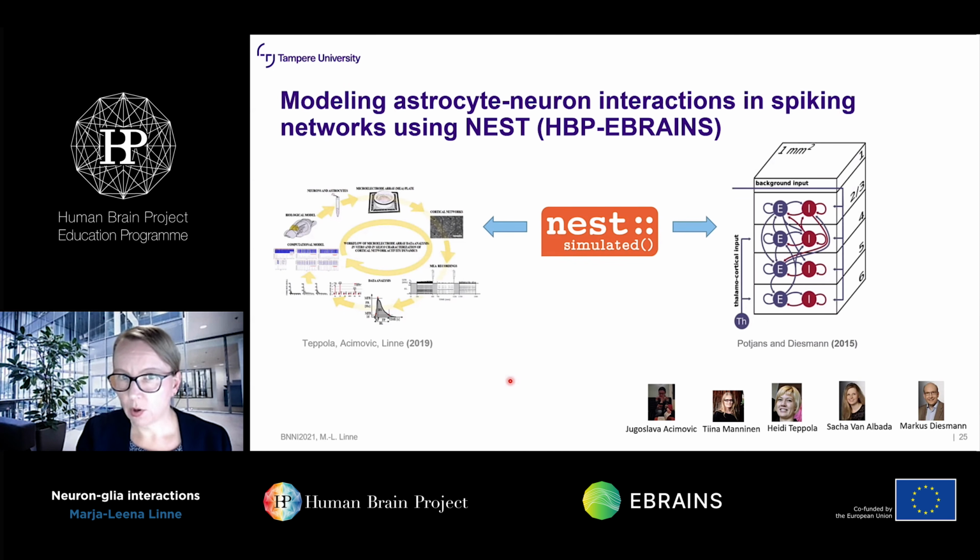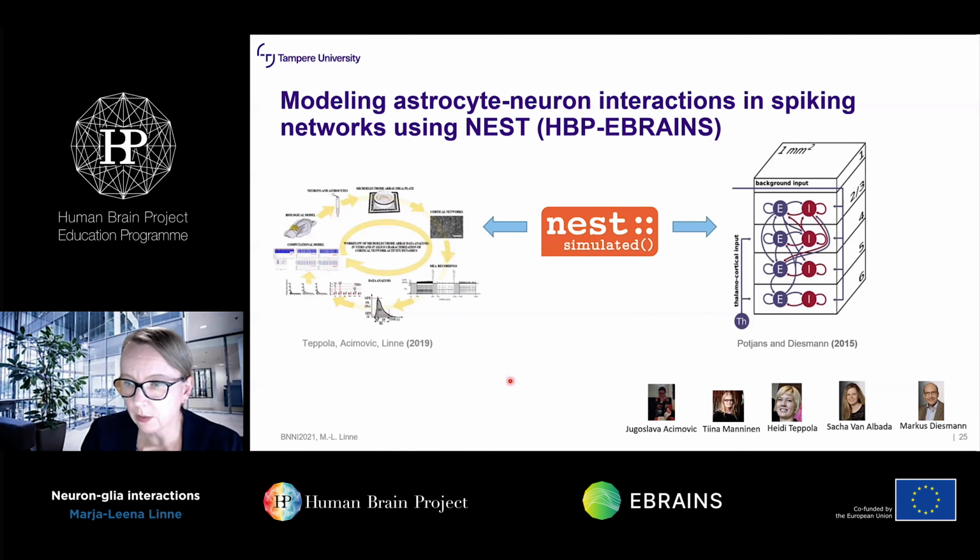Towards the end of this talk, I also wanted to mention two other projects that we are doing in addition to this synapse and synaptic plasticity modeling and astrocytes. In the HPP EBRAINS consortium, we are also developing astrocyte-neuron interaction modules for spiking networks that would allow simulating astrocytes also with NEST.